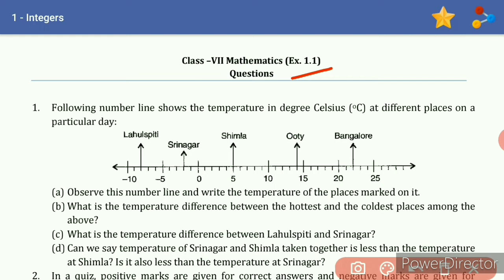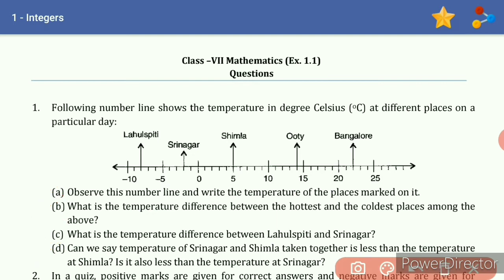The question is given in the textbook. The following number line shows the temperature in degrees Celsius at different places on a particular day. We have to see the number line, and using the number line we have to give the answers. Observe this number line and write the temperature of the places marked on it.